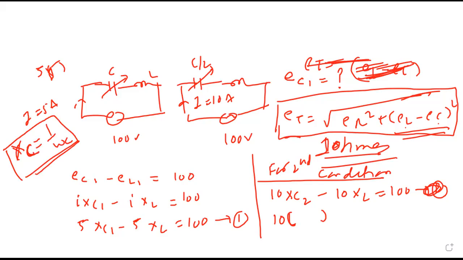XC is 1 upon omega C. So what relation do you see? Is it inverse or direct? Inverse. Inverse means what? C becomes half, then XC will become half or double? So much time you are taking, it should be instant now. Double. So XC1 becomes double. First write it 10 times.